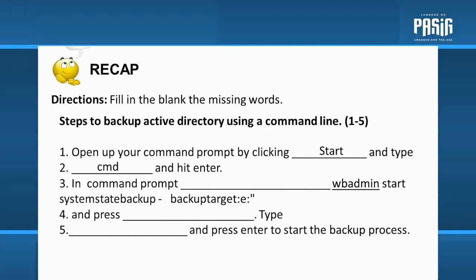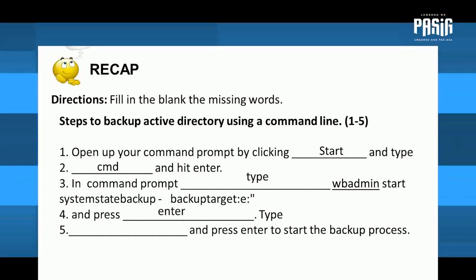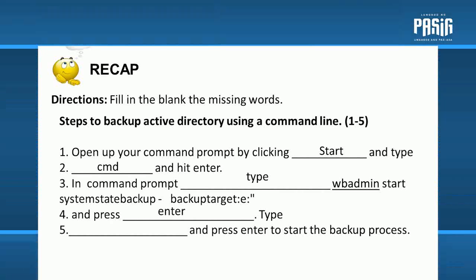Number 3. In command prompt, type wbadmin start systemstatebackup -backuptarget:E:. Number 4. Press enter. And type number 5, Y and press enter to start the backup process.